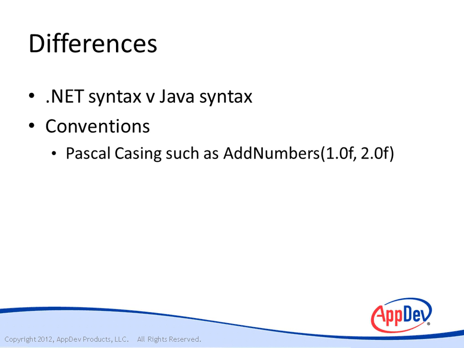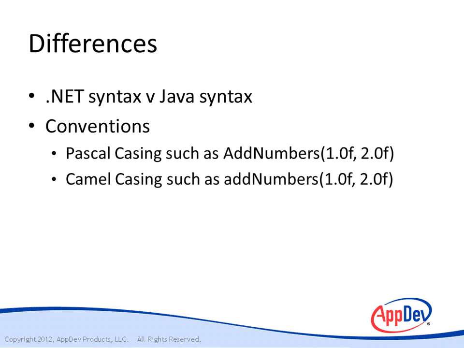It makes it a little easier to read, at least for me. And then in Java, you're going to see things like camel casing. Here's the same calling sequence, where add would be lowercase and the numbers part would be uppercase. Just understand that's something that's different.